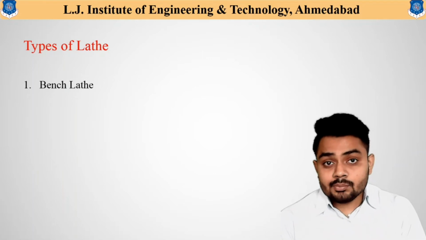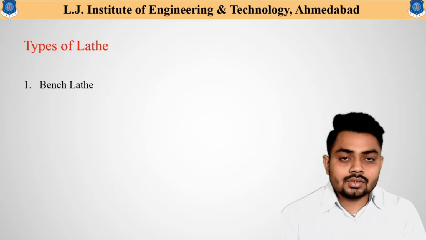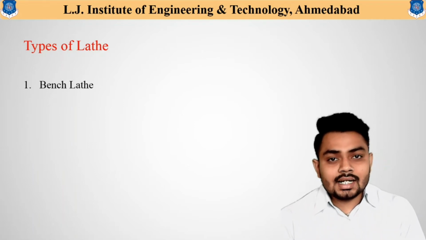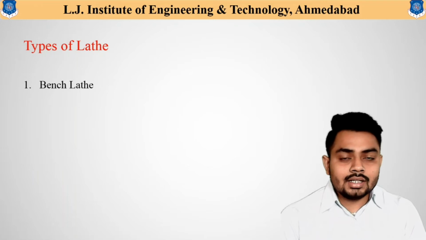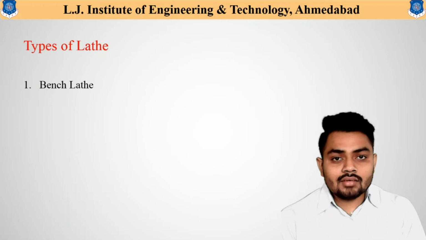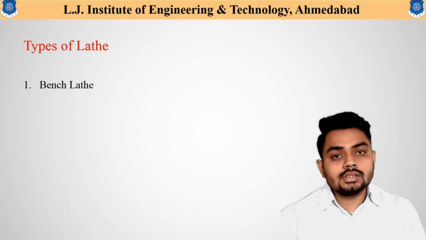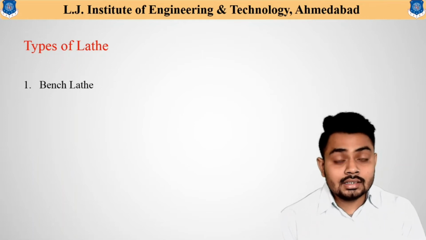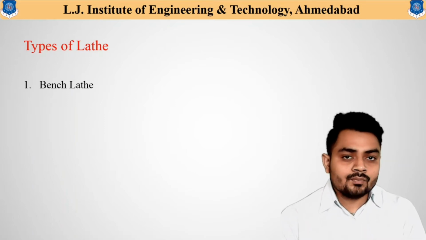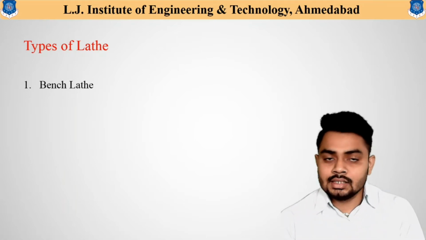In the bench lathe, the main parts, such as the headstock and tailstock, are set and fixed rigidly over the bench, and the movement required is given by hand. That is why this was the first lathe machine developed. Again, I am repeating, the movement is given by hand. As all the parts are fixed on the bench in this type of lathe machine, it is called the bench lathe.